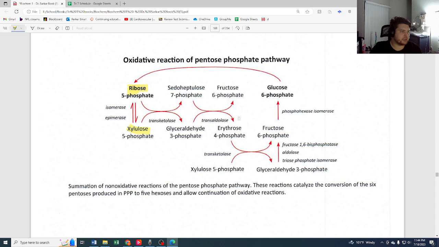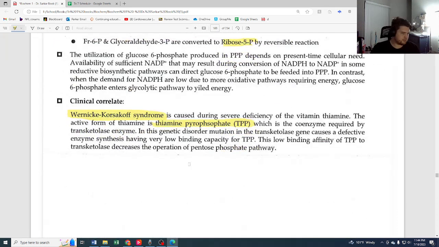So right here, getting between ribose and everything else, we need that TPP for these two reactions. In this genetic disorder, mutation in the transketolase gene causes a defective enzyme synthesis having very low binding capacity for TPP. This low binding affinity of TPP to transketolase decreases the operation of the pentose phosphate pathway.